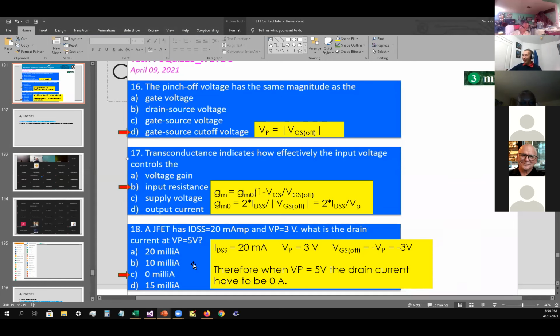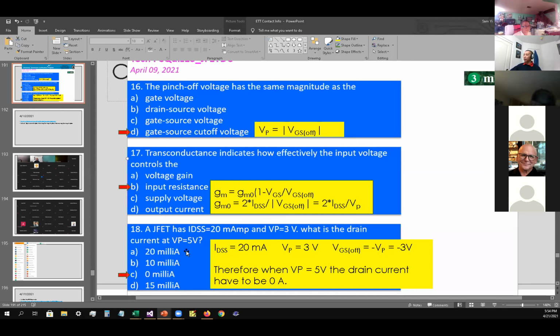Okay, so number 18: a JFET has IDSS equal 20 milliamps and VP equal 3 volt. What is the drain current at VP equals 5 volt? Your IDSS is 20 milliamps, your V pinch off is 3 volt, and VGS off is equal to negative of VP, so it's going to be negative 3 volt.